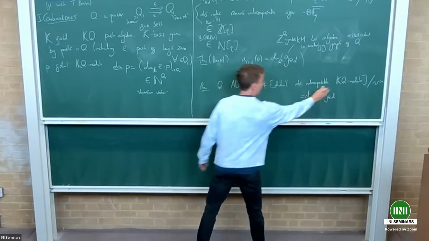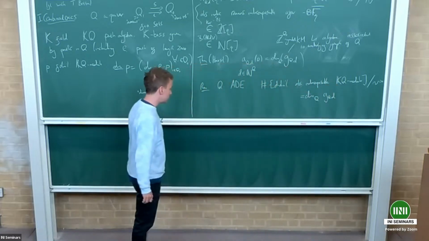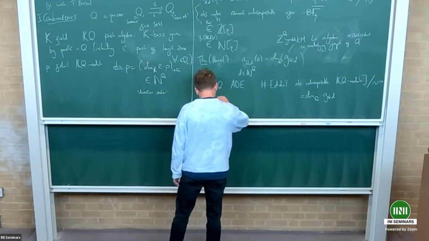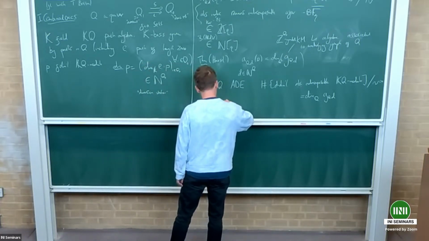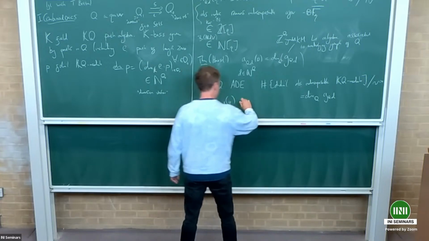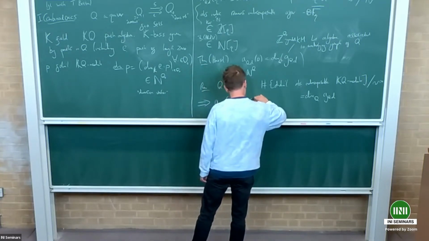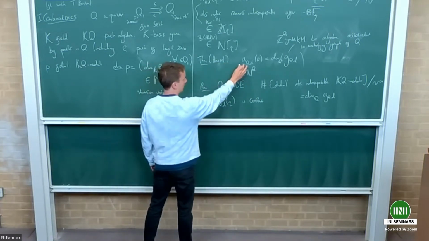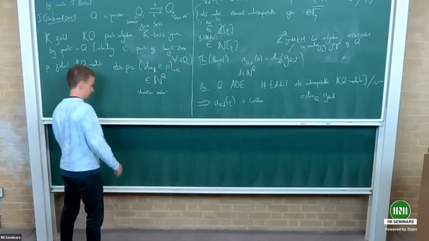So here, there's no dependence at all on the field. So this is another way of saying that under these circumstances, A_{Q,d}(q) is constant. It's constant. And so everything is bound up in knowing what this constant term is.